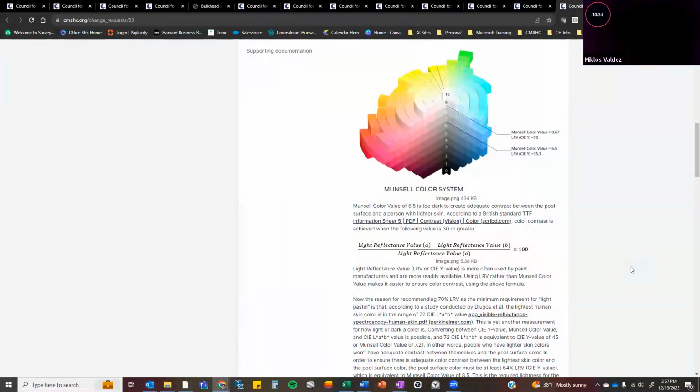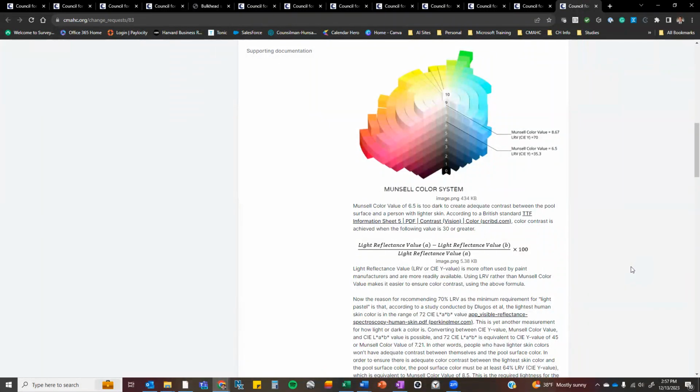Was there any TSC comments? No, there were not. And there were no public comments either. Yeah, the MAC currently says it needs to be at least 6.5. So if they want to have it be higher, like 8.67, for example, they can do that. That's still allowed. We just listed the minimum.